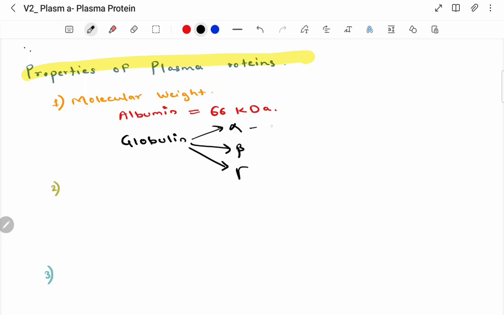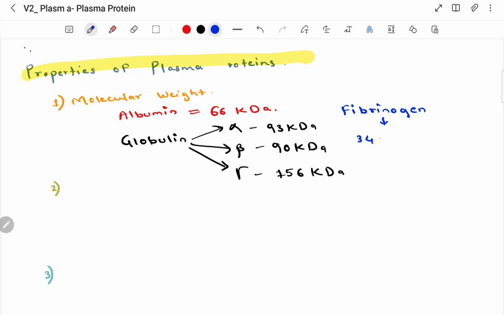Alpha globulin is about 93 kilodaltons, beta is 90 kilodaltons, and gamma globulin is 156 kilodaltons. And fibrinogen is in the range of 340 to 400 kilodaltons. So this is the typical molecular weight of all the plasma proteins. You can see fibrinogen's molecular weight is greatest among all plasma proteins.